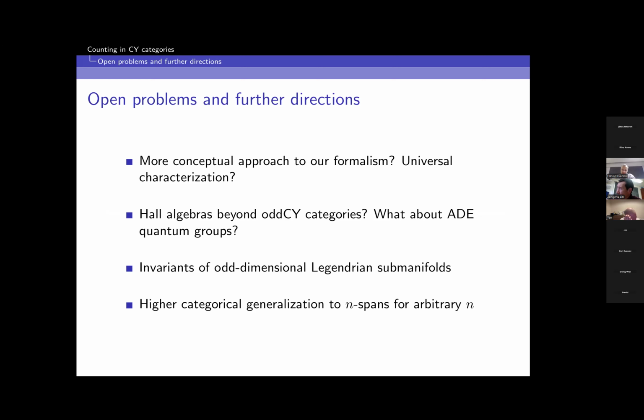I believe about 12 or 13 years ago, Savage asked a similar question in Manhattan. Earlier, what we did was, instead of using two-periodic complexes, we used a different quiver.